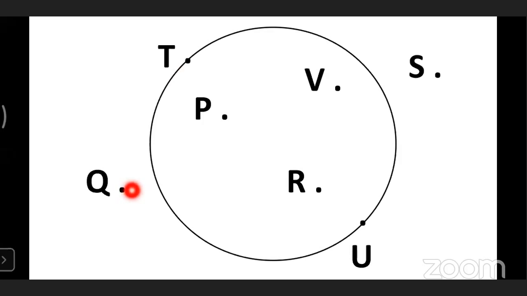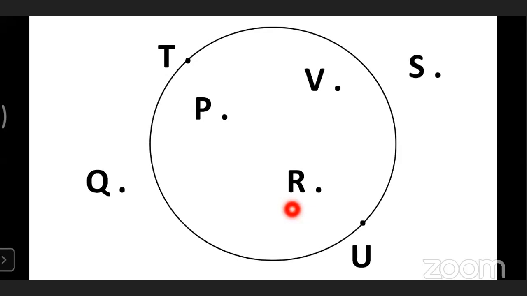Very nice. Now, can you tell me about this point? Interior. Point R. Point R is an interior point. Why is point R the interior point?